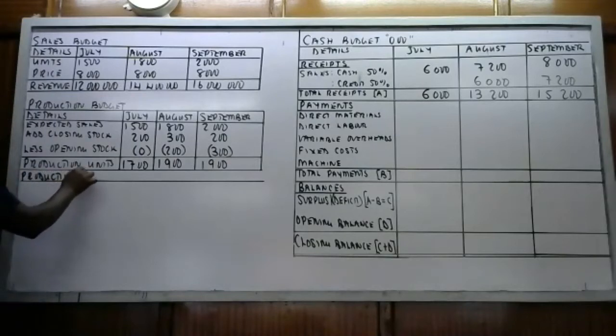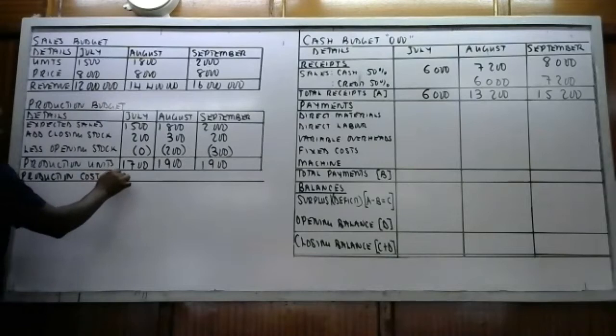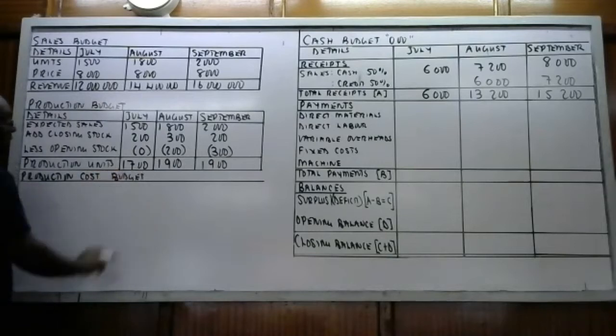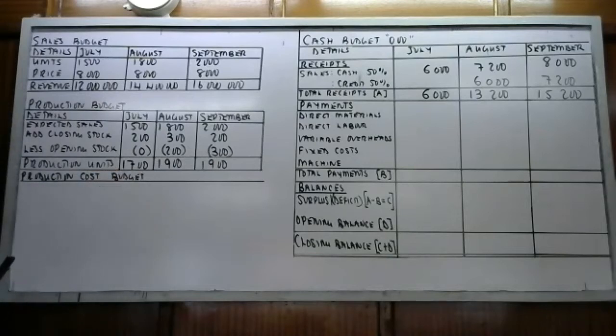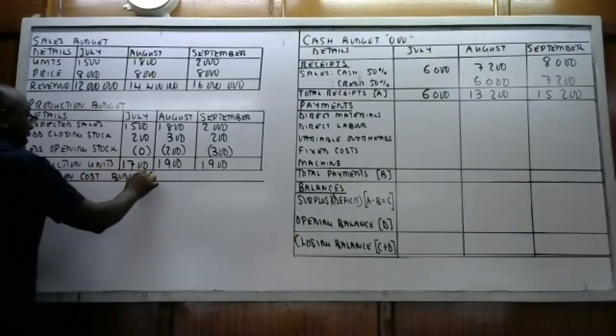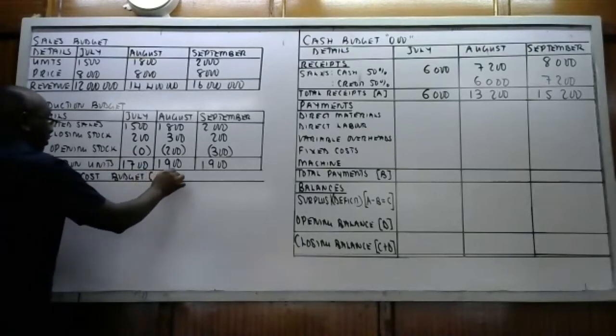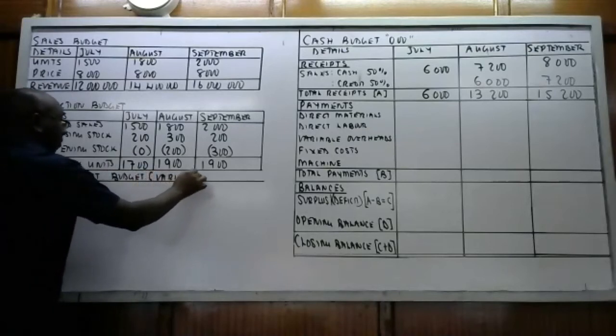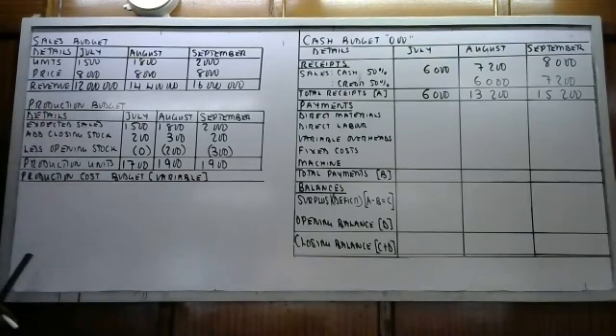So the production cost budget, we're just taking the variable costs. Let's specify here we are looking for the variable ones, because the fixed is already given.